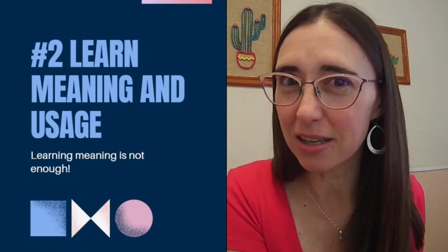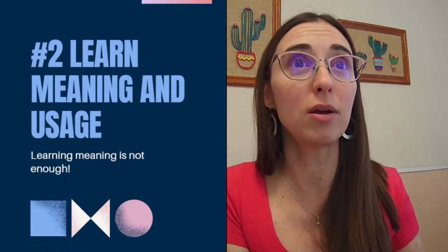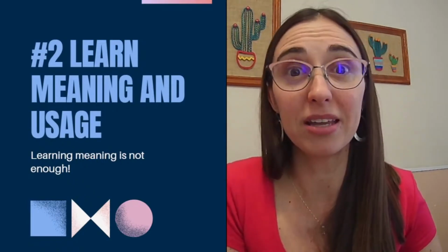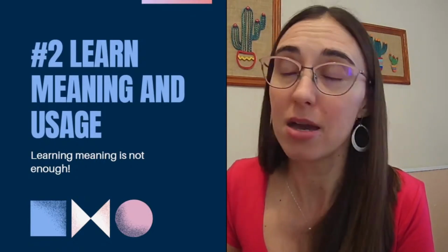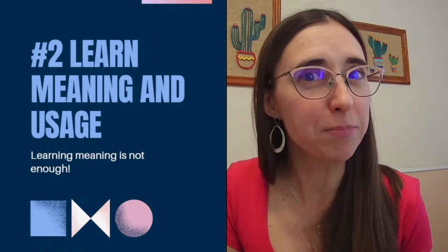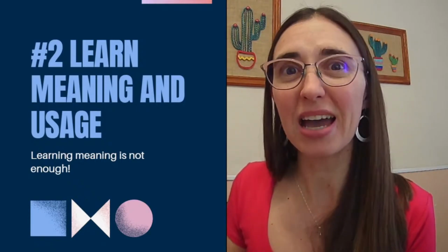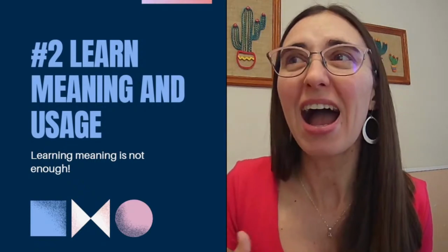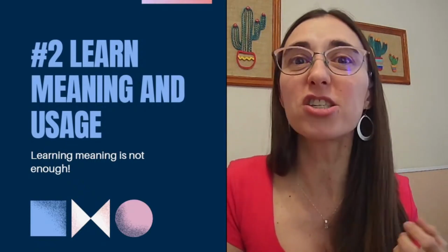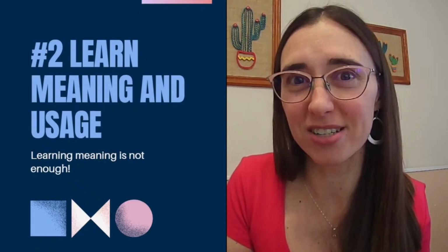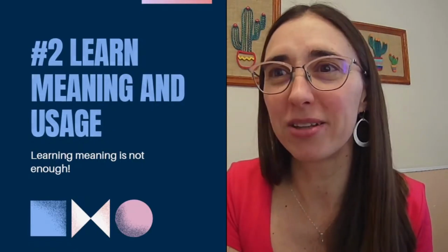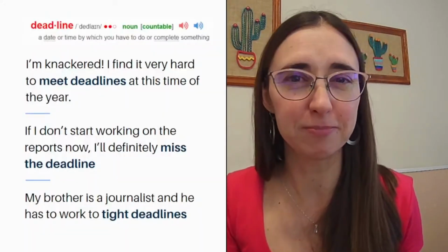But does that mean that you're going to be able to get that vocabulary into your active one? Most probably not. Why? Because you're checking the meaning of a word and not the usage. How to use it, which other words combine with that word. Let's plunge into an example here to make this clearer.